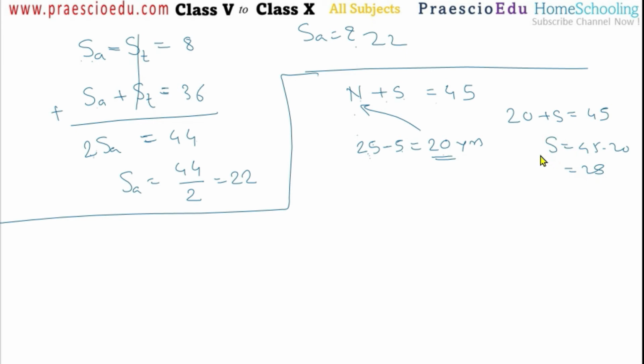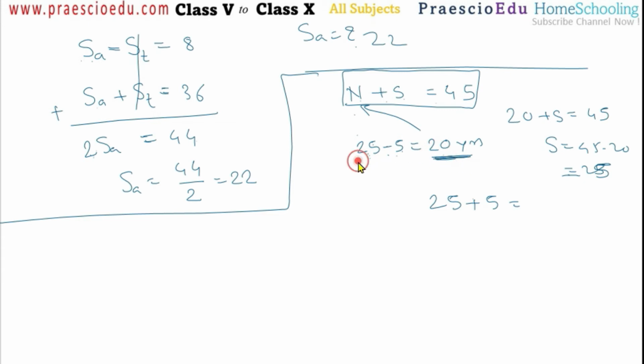And the question is asking how old Shlok will be after that time. After that time means after 5 years. This equation is for the current age, and we have found this current age.